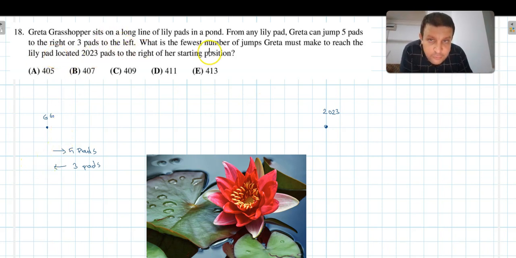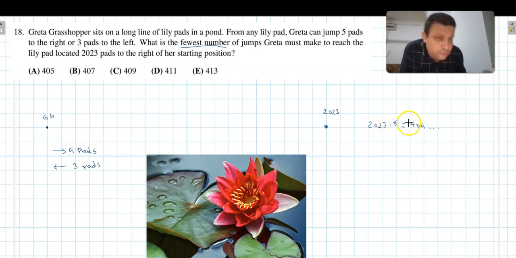Okay, so let's start. In the beginning, we need to find the fewest number of jumps. That's why in the beginning there is no logic of going to the left. So we will try to reach 2023, given we need to pass 2023. When we divide 2023 by 5, the result will be around 404 point something.